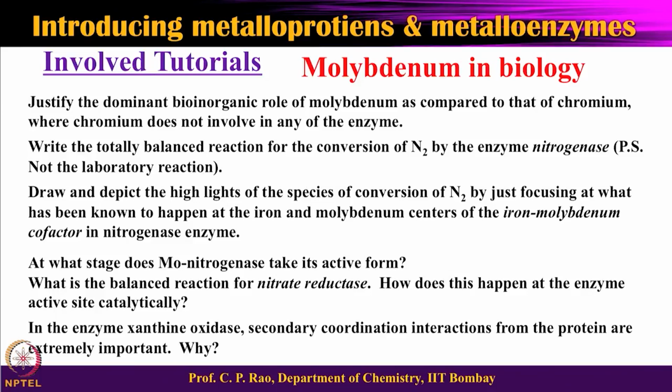So, therefore, you have each step, and first 2 electrons, 2 protons will go as H2, then the enzyme is ready to accept the nitrogen, and the N2 will be reduced by 1 electron, 2 electron, 3 electron, 4 electron, 5 electron, 6 electron, and correspondingly goes through all these intermediate steps, and then you have the final ammonia. And there are different kinds of mechanisms which I have given in the class, you can please look at that.